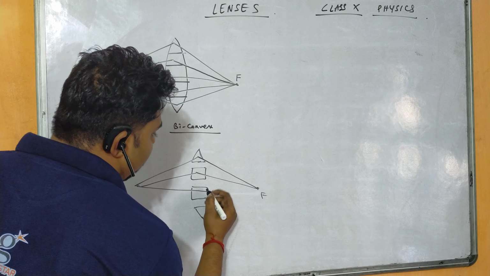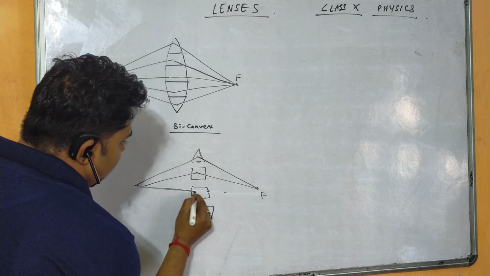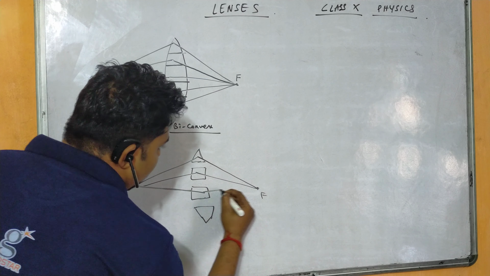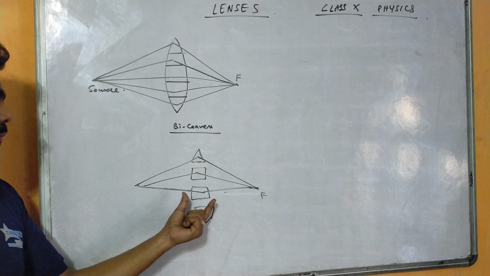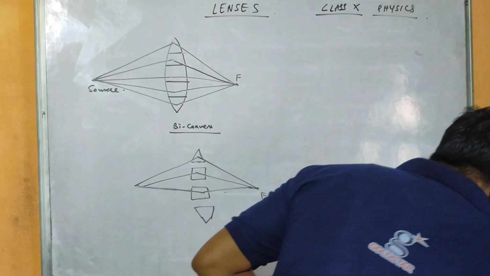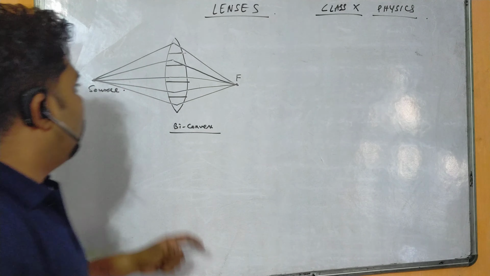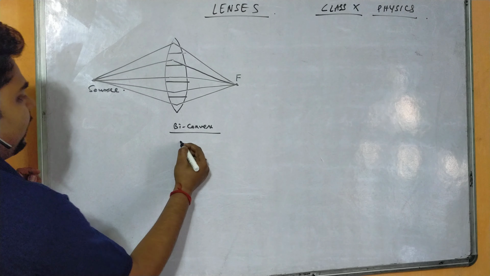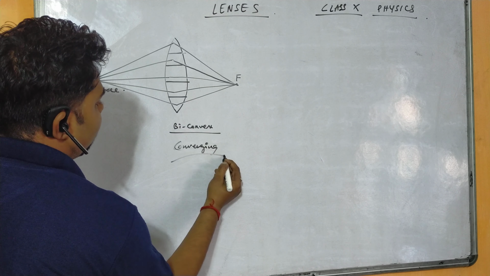So here in the diagram, in place of this prism, we have a square box, and the light gets refracted to a fixed point called F. This convex lens is considered a converging lens. Why is it said to be a converging lens?